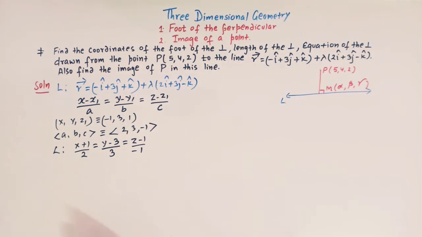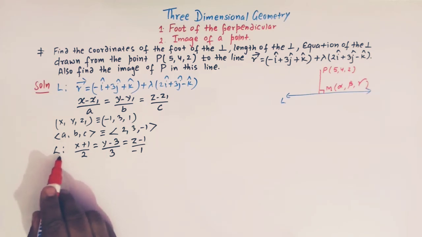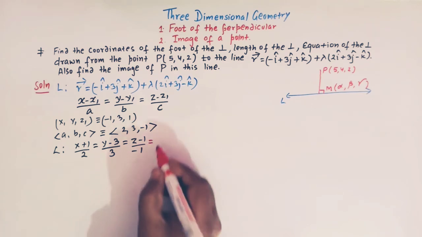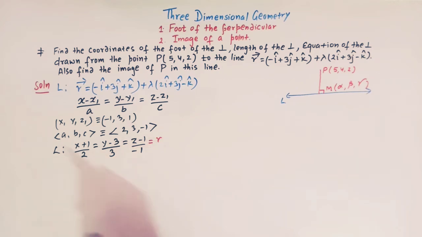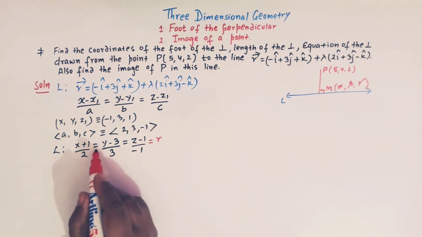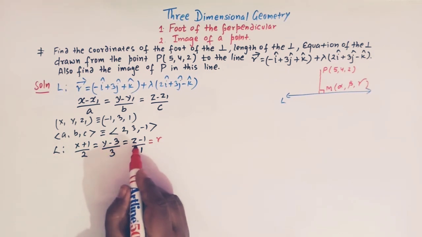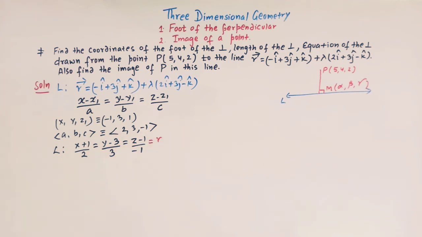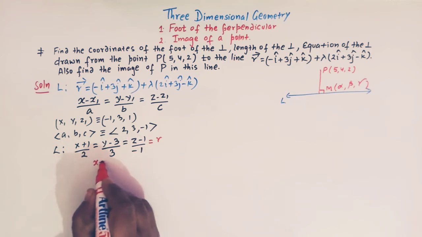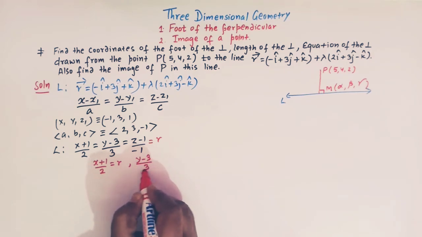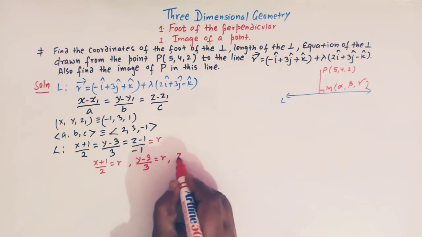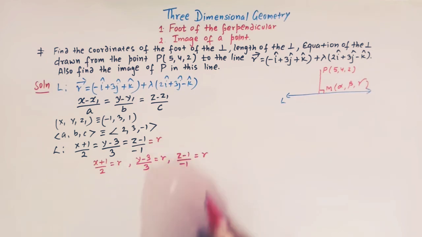Here the Cartesian equation is given as this, and let us take r, a scalar, because we want the coordinates of the general point on this line L. So x plus 1 over 2 equals y minus 3 over 3 equals z minus 1 over minus 1 equals r. So we have x plus 1 over 2 equals r, y minus 3 over 3 equals r, and z minus 1 over minus 1 equals r.